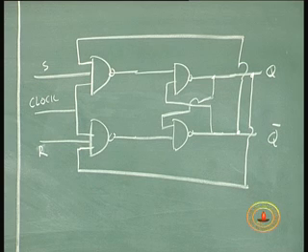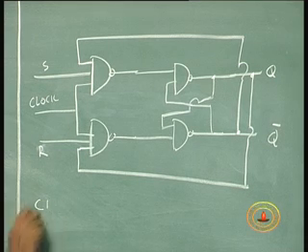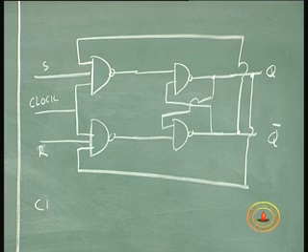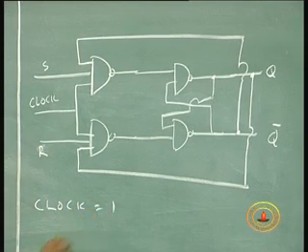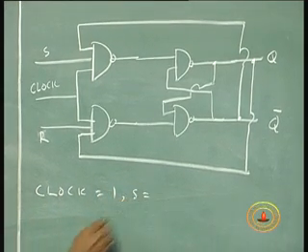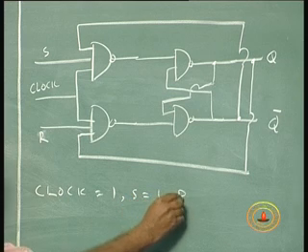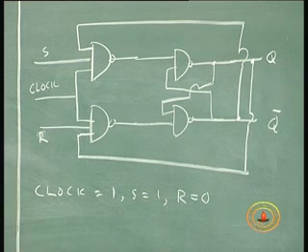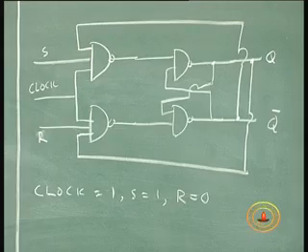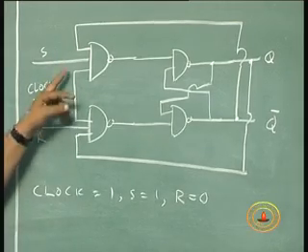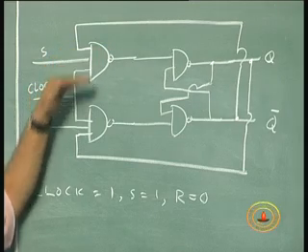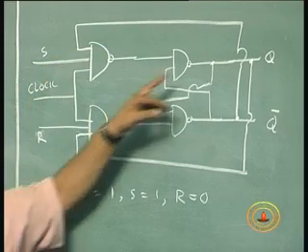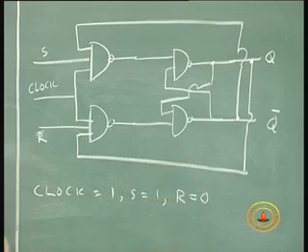Now let us say we are looking at clock high, clock low of course it remains in memory state, no problem. So we will only worry about when clock is high. When clock is high or clock is 1, let us assume now S is equal to 1, R is equal to 0. When S is equal to 1, R is equal to 0, clock is high, the output is going to be, without this third input of the NAND gate, Q would be 1 and Q bar will be 0, correct?